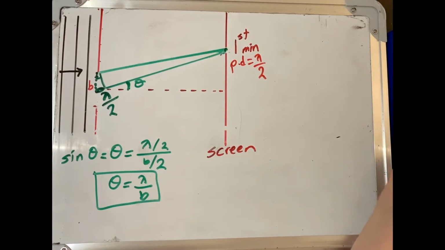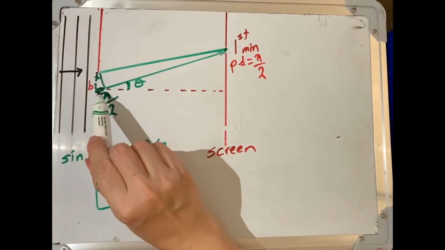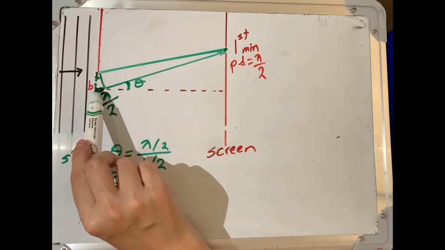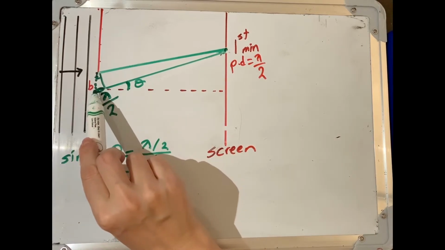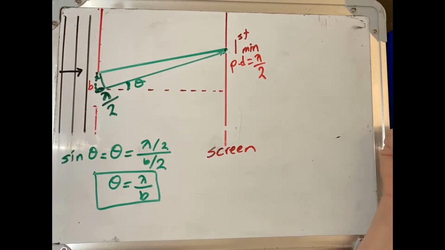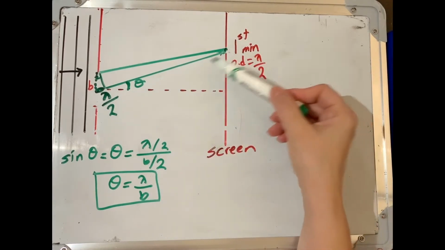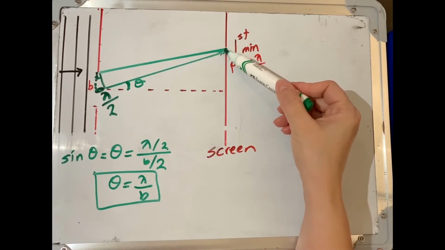Please remember that in two-source interference we used the angle from the midpoint of the two sources. That angle we chose to write our formula was to the first constructive interference. So in this case, this angle goes to the first minimum.